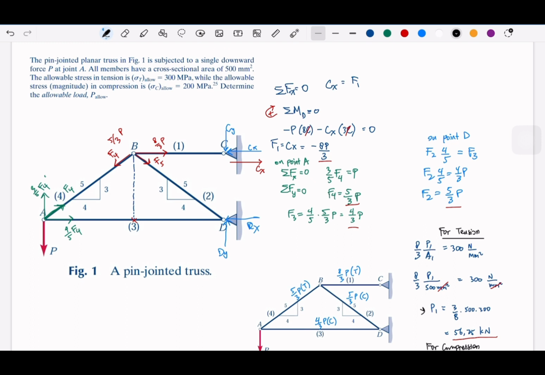So you could see from the sigma F, basically how it works is taking the equilibriums, the statics overview.